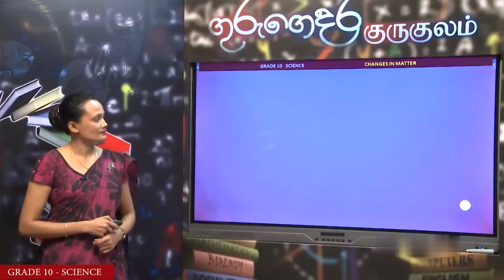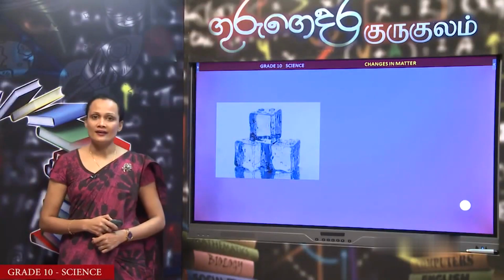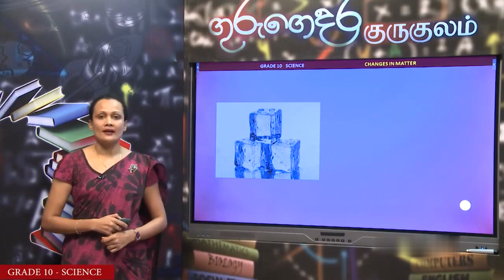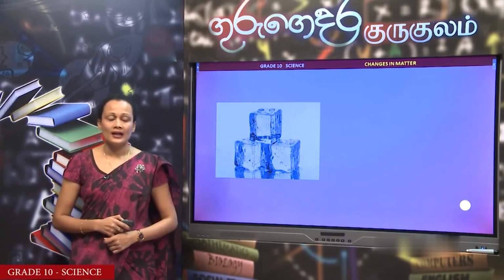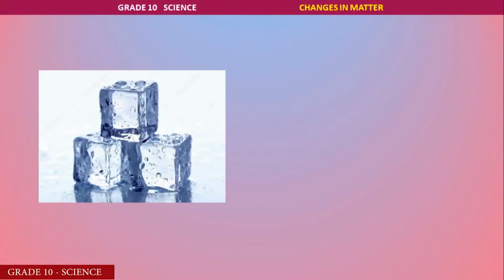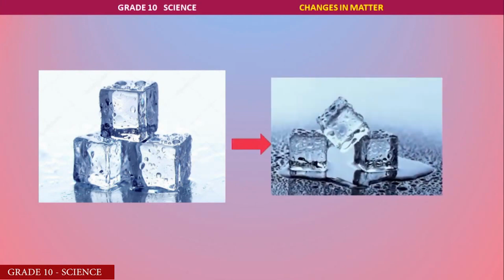Then let's see another example of a physical change. Here again, there are some ice cubes. If we take the ice cubes out from the refrigerator and keep them for a while, you can observe the ice cubes start melting.